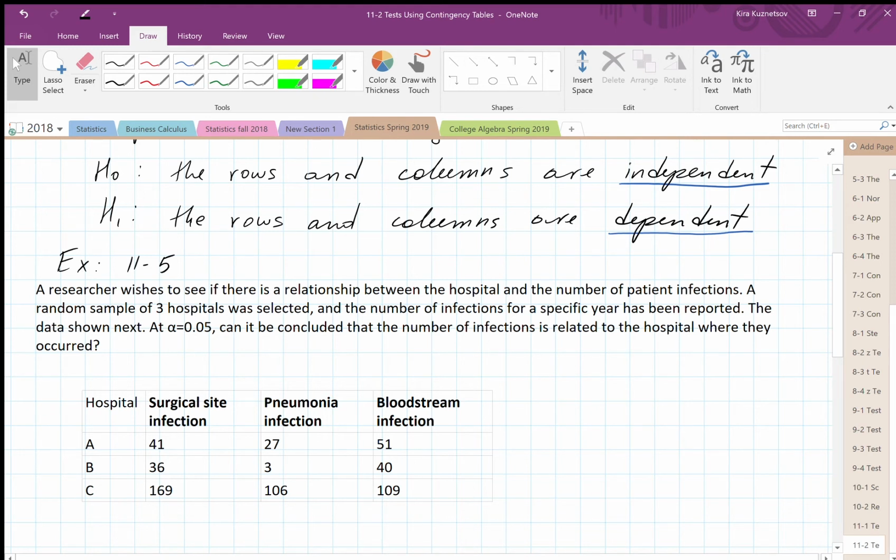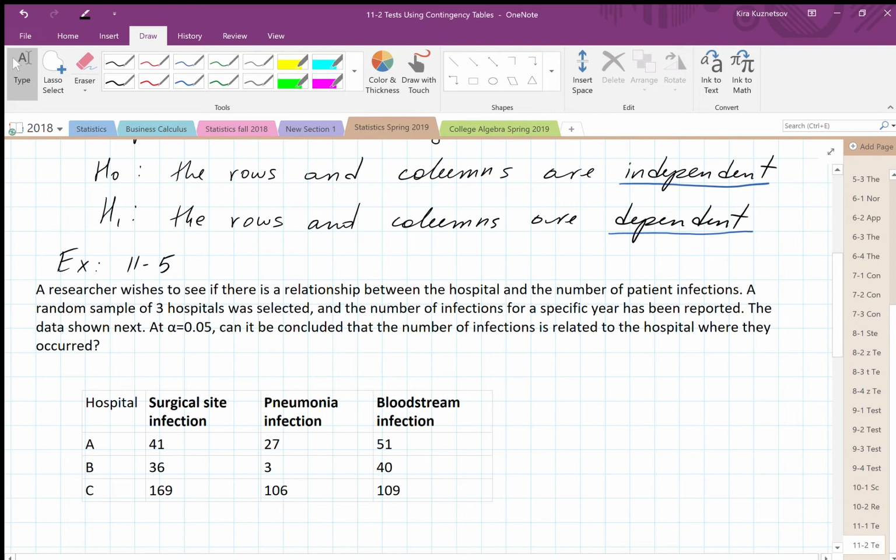A random sample of 3 hospitals was selected, and the number of infections for a specific year has been reported. The data is shown next. At alpha 0.05, can it be concluded that the number of infections, meaning columns, is related to the hospital where they occurred? So those are your rows.